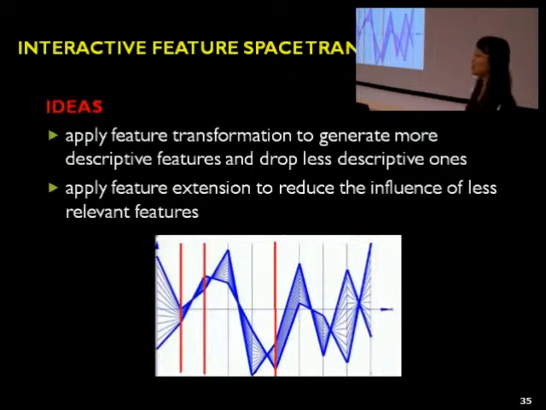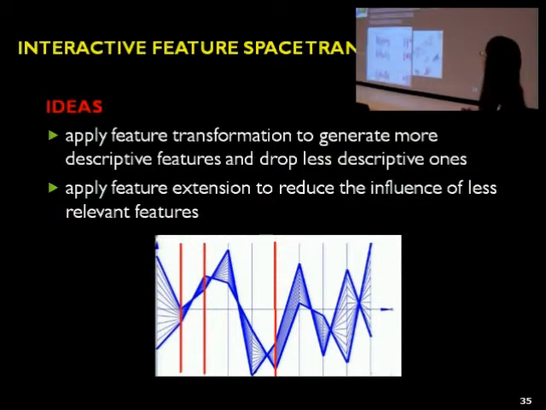Another idea is that you can develop a graphical user interface to allow the user to try different transformation strategies and see if they can improve their projection result or find better patterns in the final result. For time reasons, I'm not going to go too much into the details of this one.